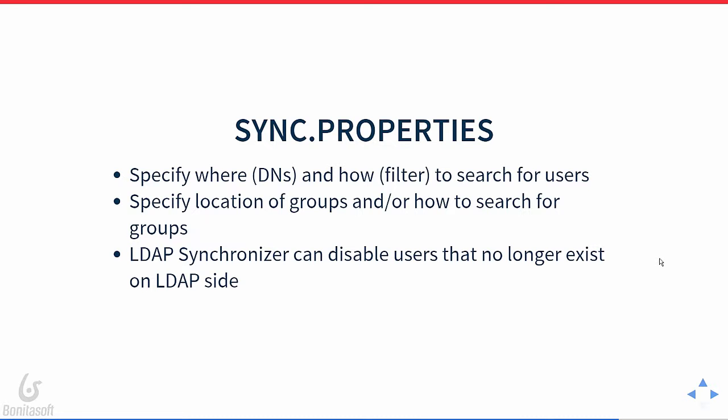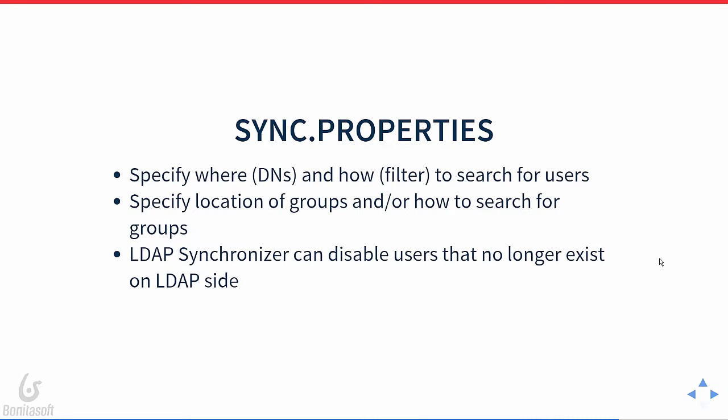You can search for users in multiple different locations, recursively or not. You have all the flexibility of the LDAP search because in each company the structure of LDAP can really vary a lot, and here we give the flexibility to match almost any kind of scenario for the LDAP structure.